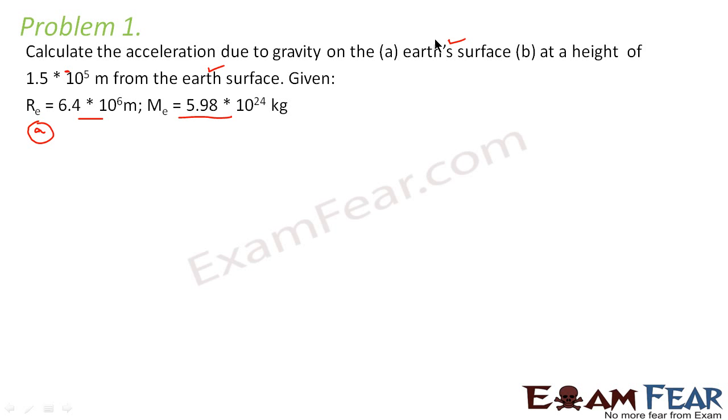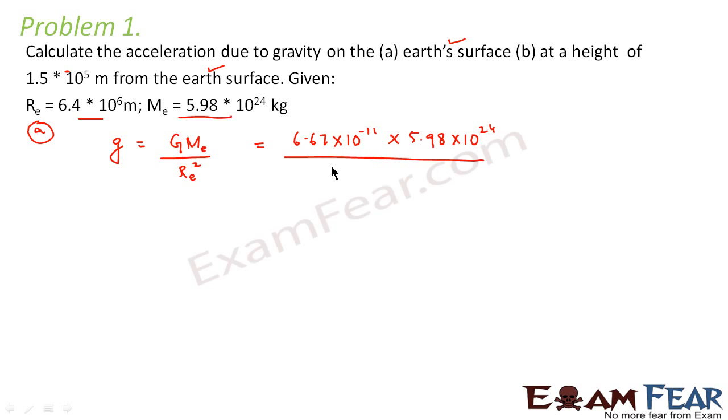In the first part, we have to calculate the acceleration due to gravity on the Earth's surface. So what is the value of acceleration due to gravity on the Earth's surface? It is GM_e divided by R_e squared. Here we already know that the value of G is 6.67 × 10^-11. M_e, the mass of the Earth, is given as 5.98 × 10^24.